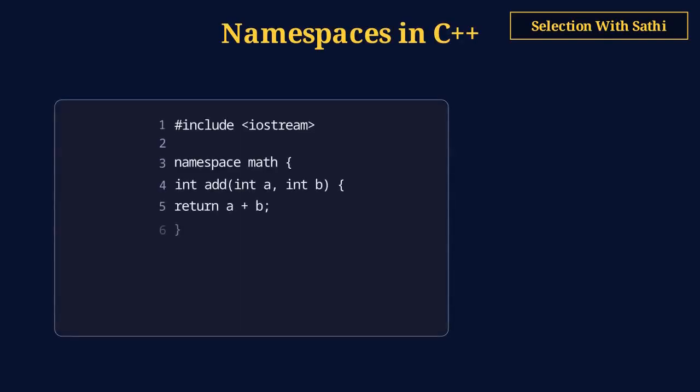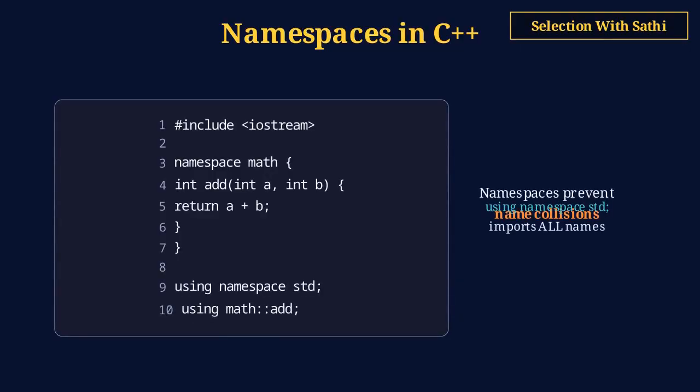In C++, a namespace is a container that holds a set of identifiers to prevent name collisions. The standard library lives in the namespace called std. You can either write using namespace std to import everything or explicitly prefix with std::, like std::cout.